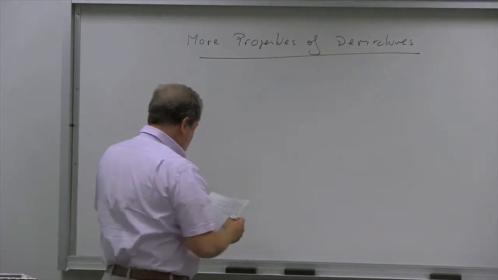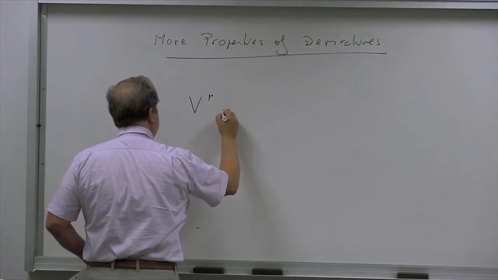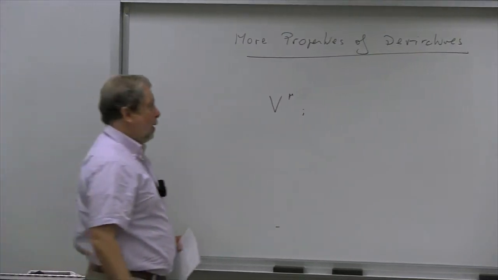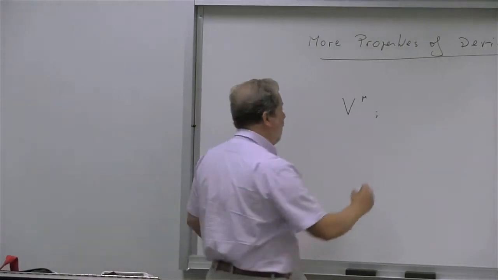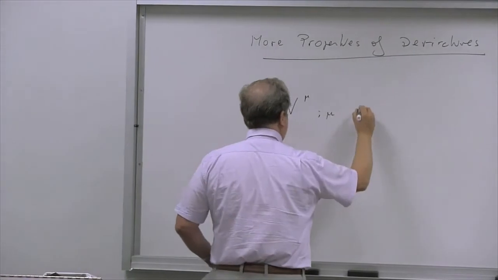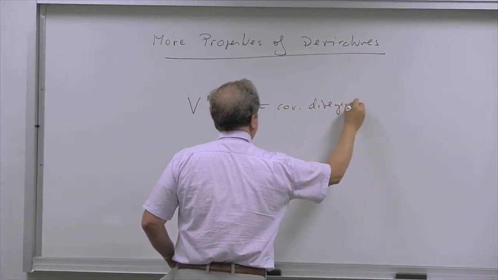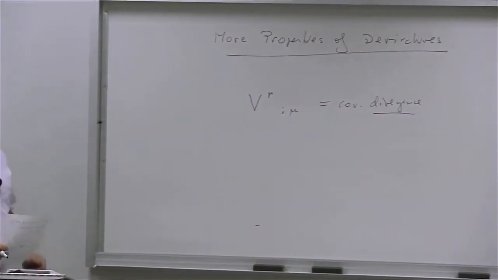And so one of the things that we're interested in is if we take a vector, and we now take the covariant derivative with respect to that, if we now sum over the index that we take the derivative of, then this is a covariant divergence, because these two indices now are the same, right?